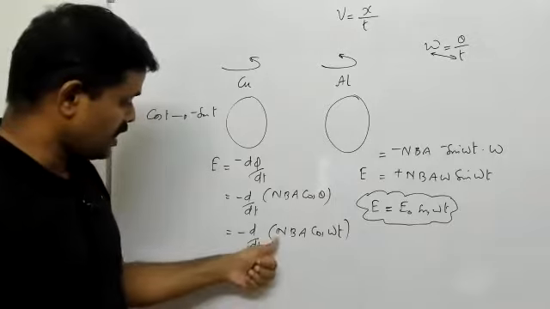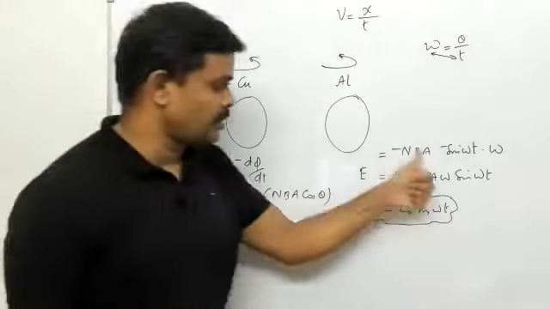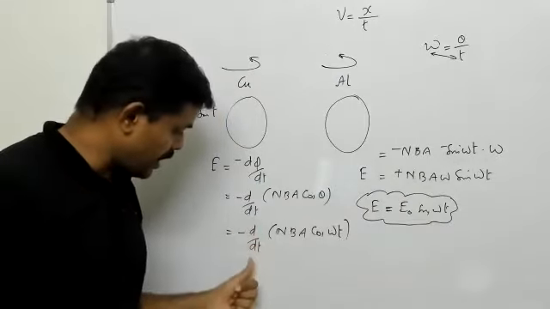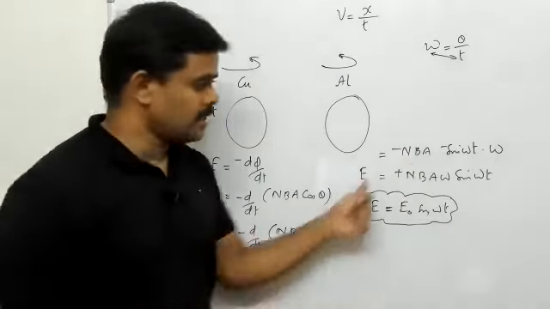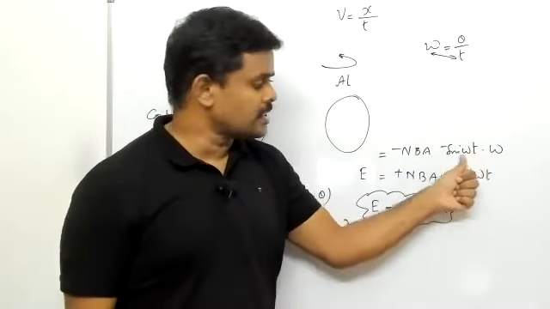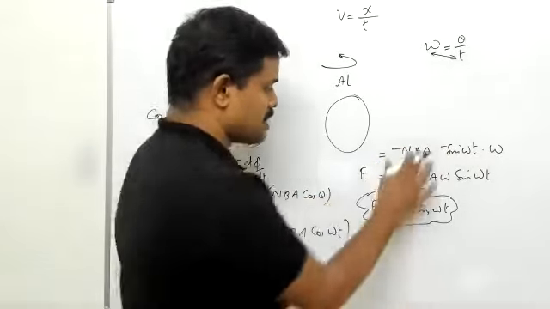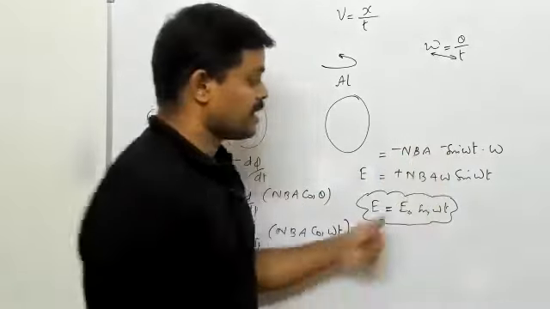I differentiate. N is taken outside, B is taken outside, A is also taken outside. Minus NBA into d by dt of cos omega t, which is minus sine omega t into omega. This is called chain rule or function of a function rule. Minus of minus is plus. If you didn't understand this part, please tell me, I can repeat.